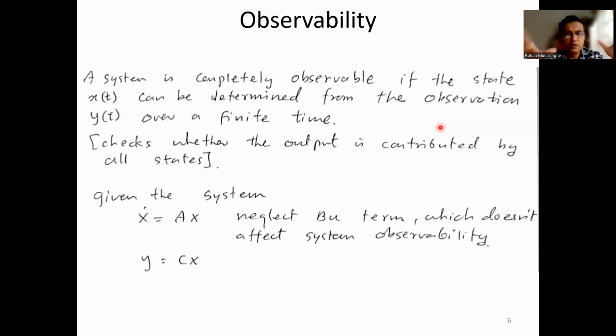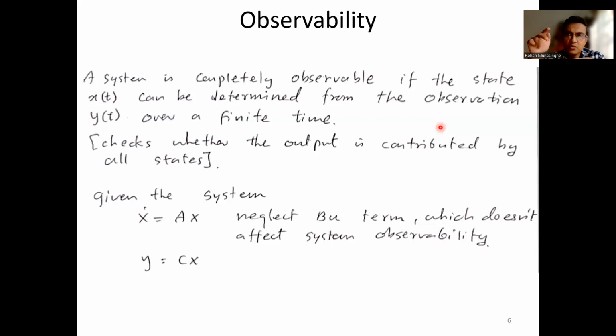But when you develop the theory, we assume that you measure some signals, not every state variable, maybe one, maybe two, like that. So now we have a few state variables measured. Other state variables are not measured.